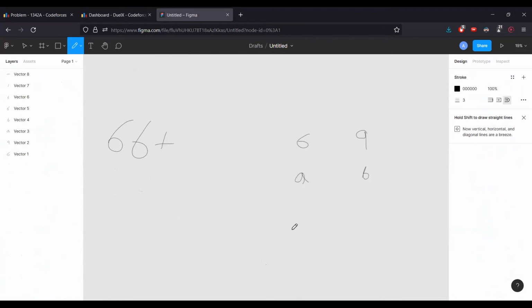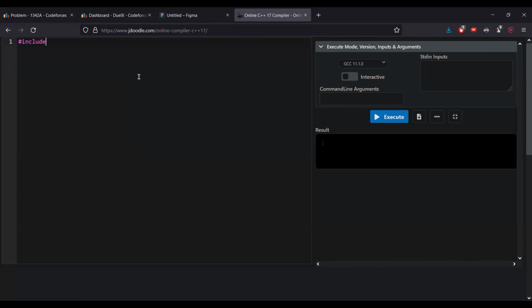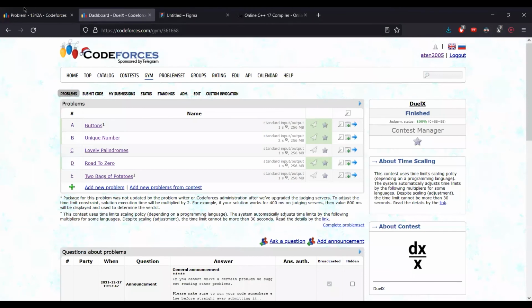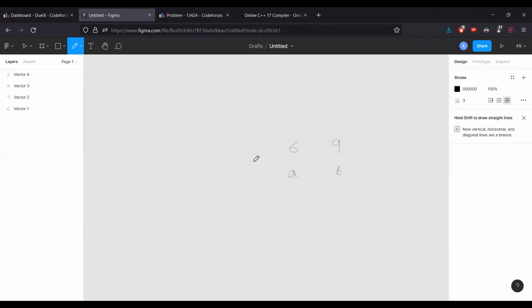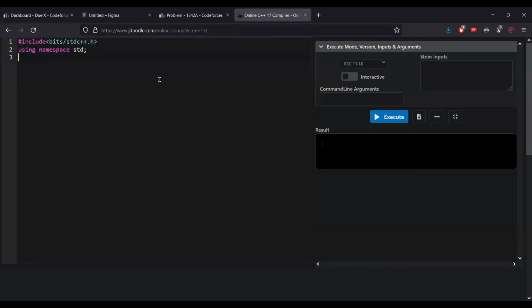See how that works. So you know what? We will code it out. C++, you don't need to look at this. This is the standard C++ starting code. Using namespace std. So int main, return 0.